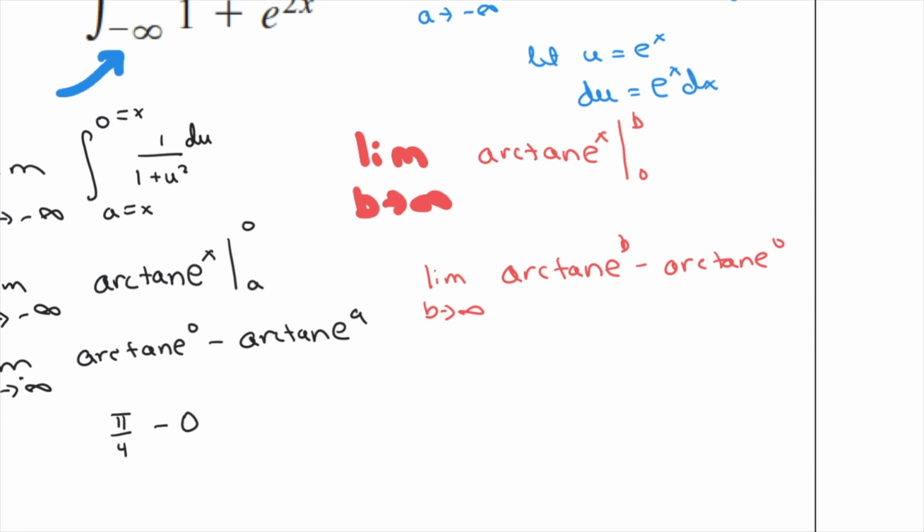As b goes to infinity, that means the arctan is going to pi over 2, minus the arctan of 1, which is equal to pi over 4. Combine your two answers, and you come up with a lovely pi over 2. And we know that this integral, which is improper, converges.